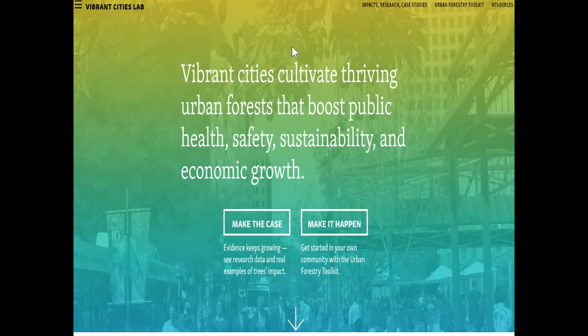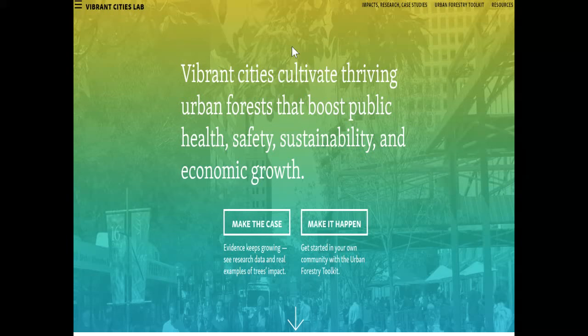I don't know how many people saw this come out in early August. It was released around the ISA conference, but the Vibrant Cities Lab, if you Google that and check it out, it's an awesome new website that American Forests put out in partnership with the Forest Service and the National Regional Council of Governments. Basically, this is another tool in our toolbox now for creating urban forestry master plans.